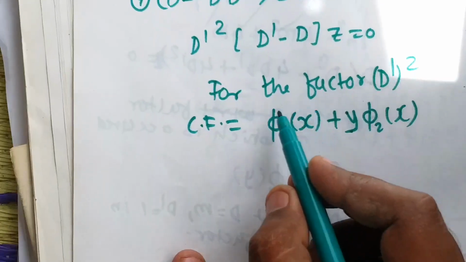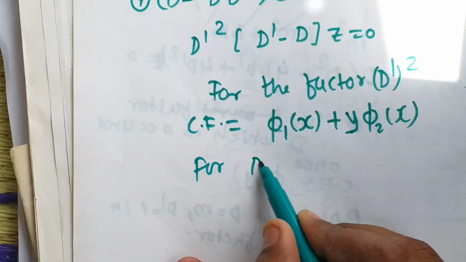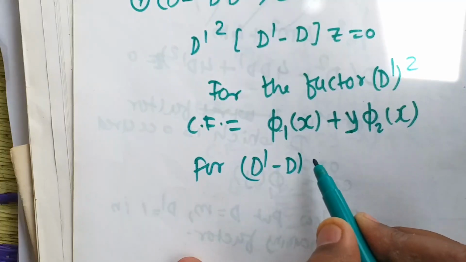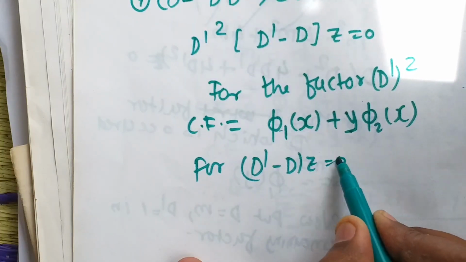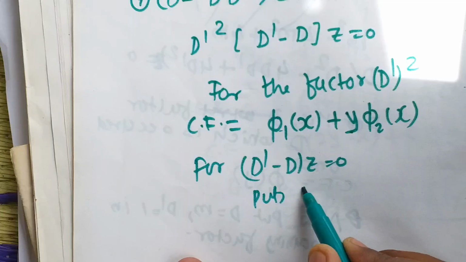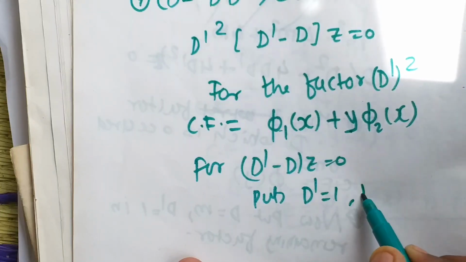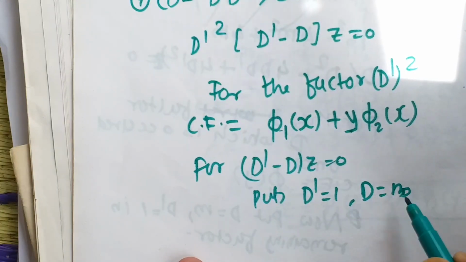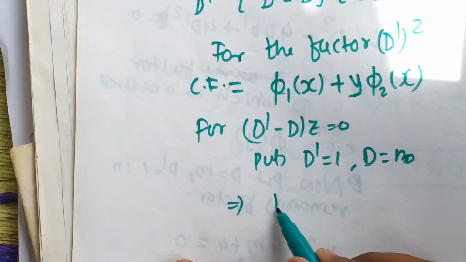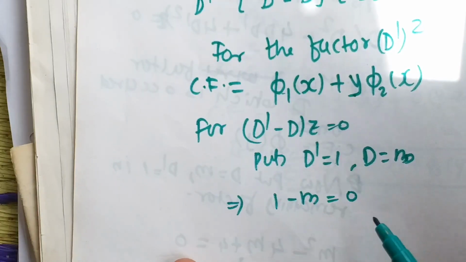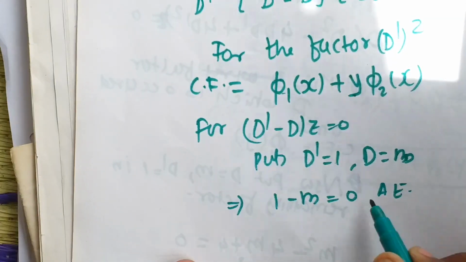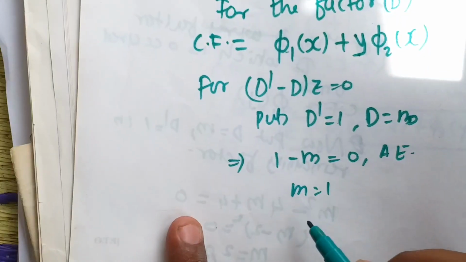Now for d dash minus d, z equal to 0, put d dash equal to 1 and d equal to m like your previous method. So this will imply 1 minus m equal to 0, the auxiliary equation, and this will give us the root m equal to 1.